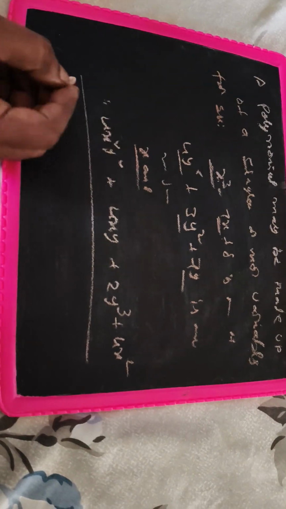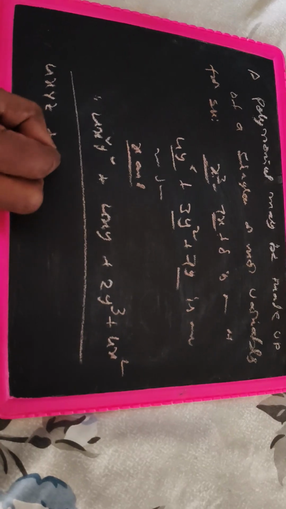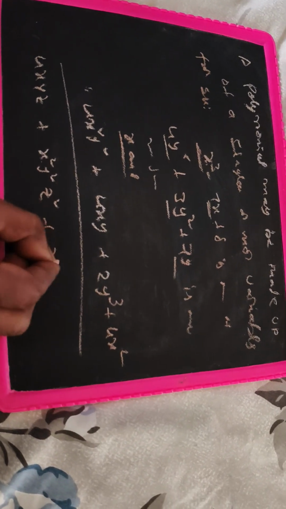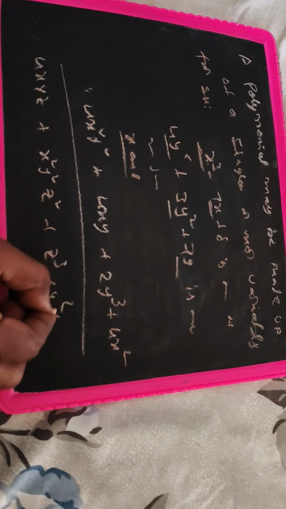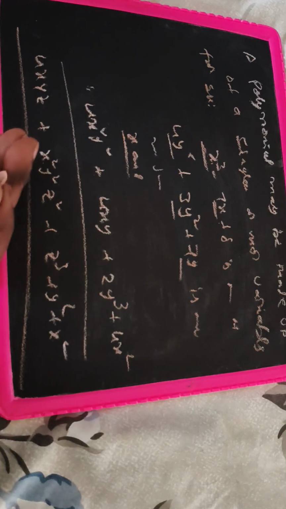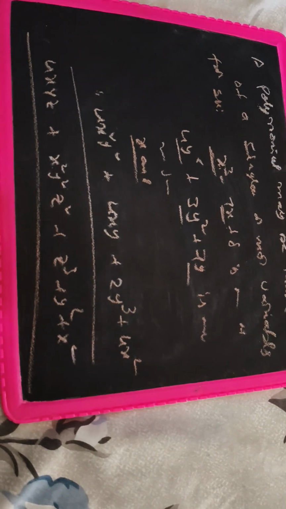Now one more polynomial: 4xyz plus x square y square z square plus z cube plus y square plus x square. This is a polynomial mixed with x, y and z variables.